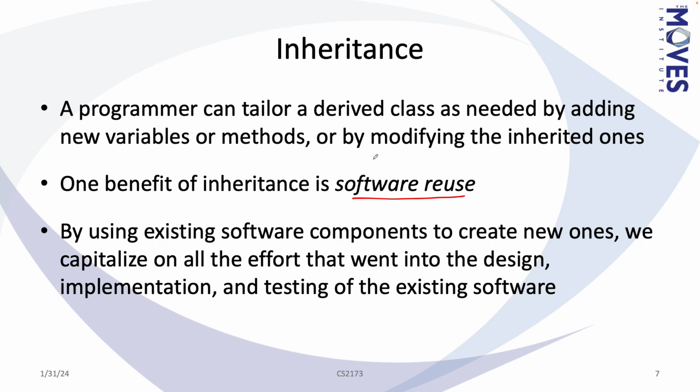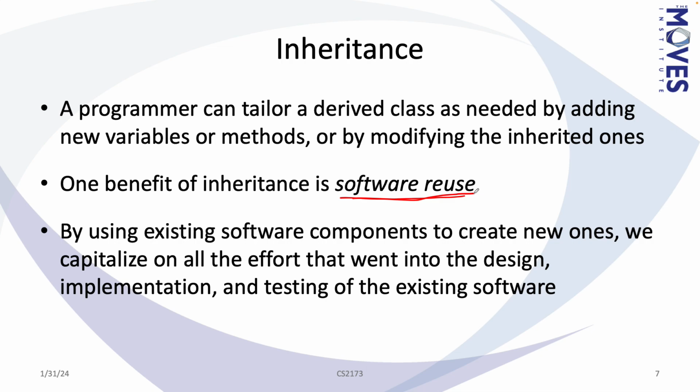So the people pushing object-oriented and inheritance said, well, hey, wait a minute, you don't have to throw it away. If you have a class and you want to improve that class or make it do something a little different, we can subclass it and then add the additional features we want and modify the features that aren't doing exactly what we want. So in other words, we're not throwing away everything. We're reusing what we've already done and not reinventing the wheel, so to speak.